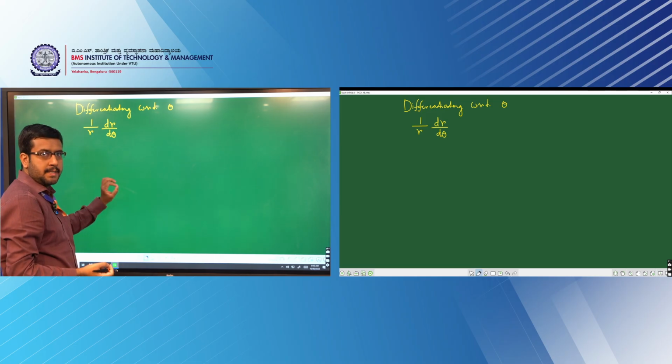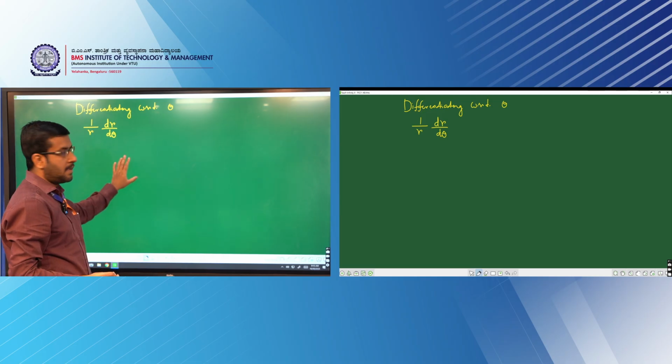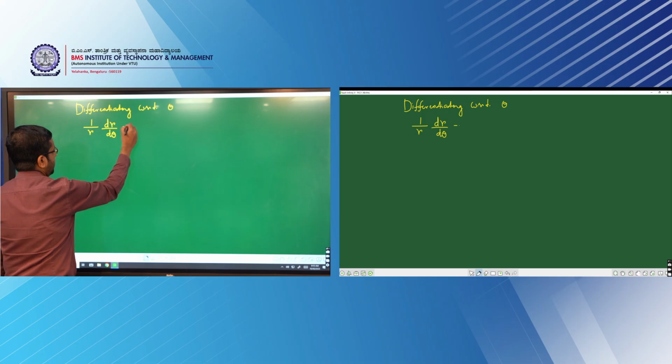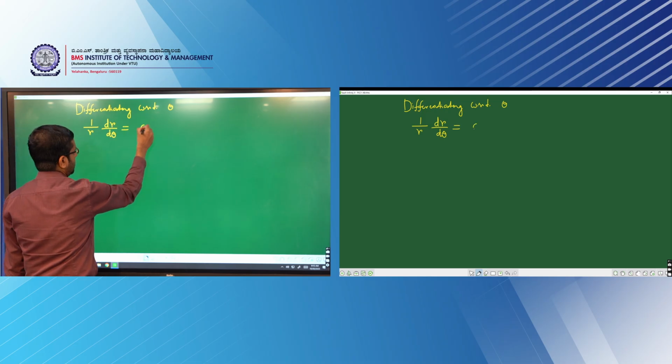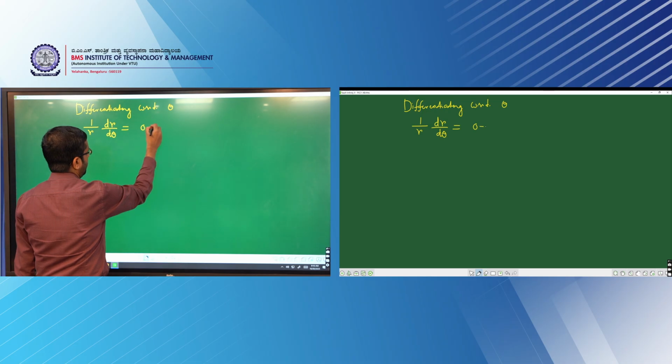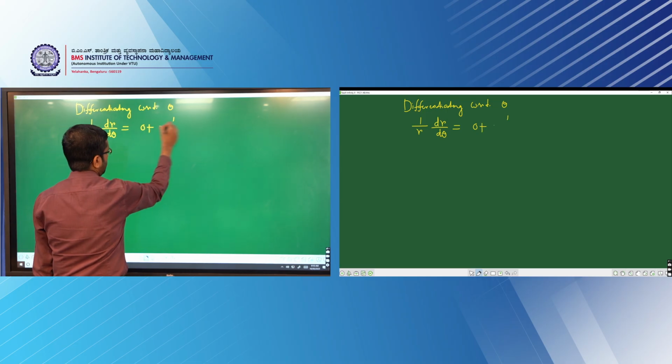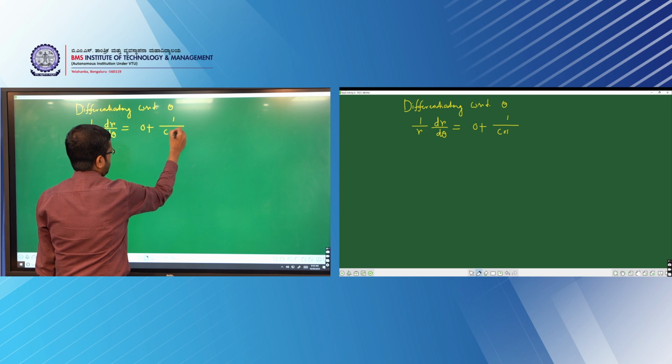Otherwise, if you do it without log, then separately you have to differentiate dr d theta, then again you have to multiply with the 1 by r expression. Okay. So, better to do it directly with log. On the right hand side, the differentiation of log 2a with respect to theta will come 0, and the differentiation of log of cos theta is 1 by cos theta.